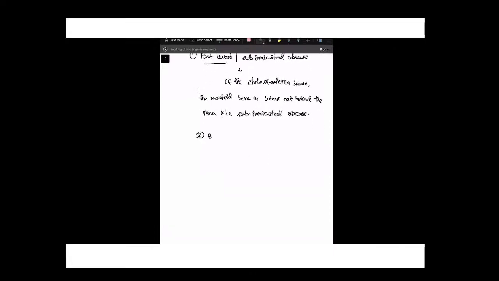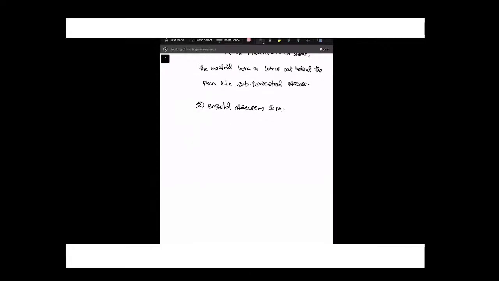Then we have Bezold's abscess. If the cholesteatoma breaks the bone of the mastoid and goes along the sternocleidomastoid, it leads to Bezold's abscess.